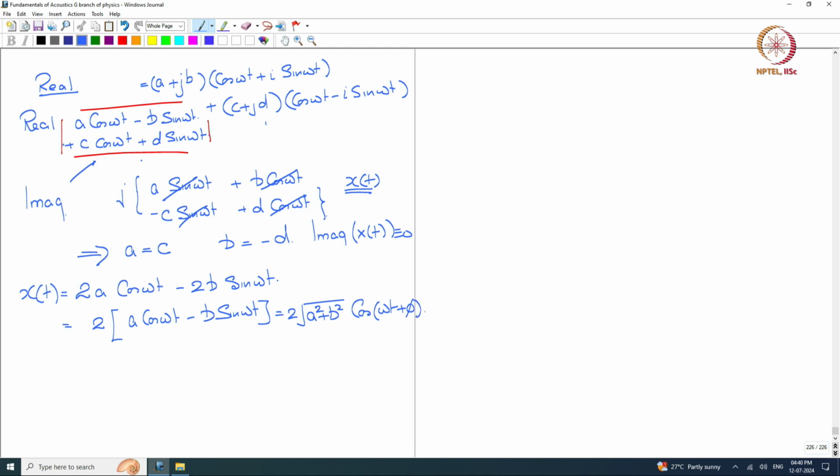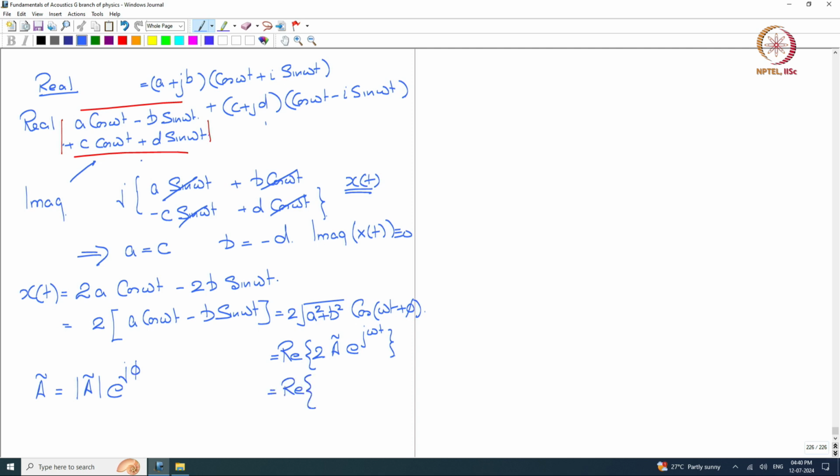Okay. So, this can also be written as the real part of twice A tilde e to the power of j omega t, where A tilde, the complex number, is magnitude of A tilde e to the power j phi. So, what do I have?